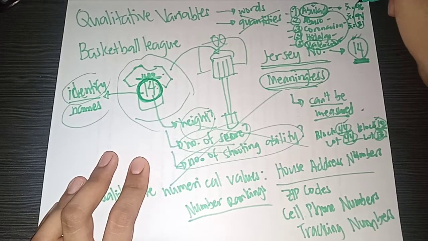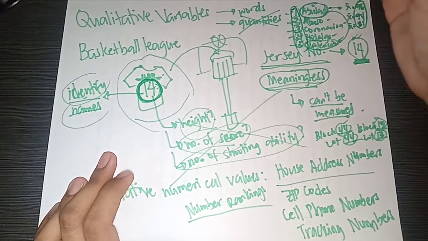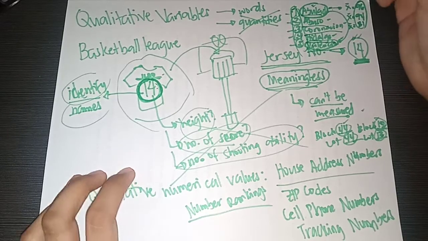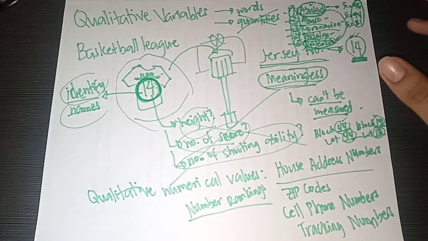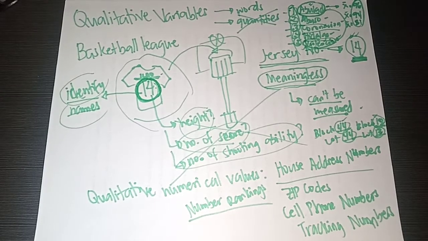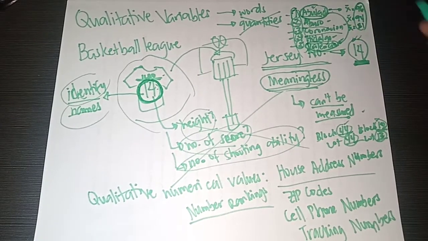These numbers will be meaningful. However, the numbers in the rankings are meaningless because they are just used to identify the names. Kaya, di ba, pag nagtatanong tayo, sinong top 1, sinong top 2, the numbers don't actually mean anything, but these numbers can pertain to the person who has that ranking.